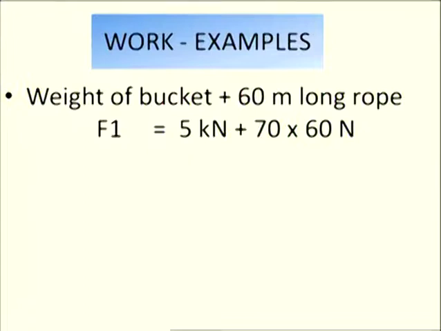Weight of bucket plus 60 meter long rope, because as we can see that weight of the bucket is 5 kilonewton and weight of the rope is 70 multiplied by 60 Newton.